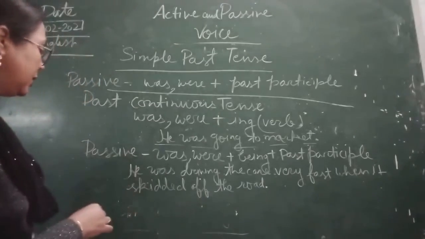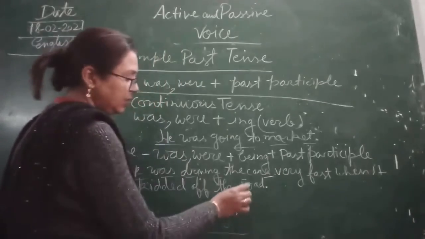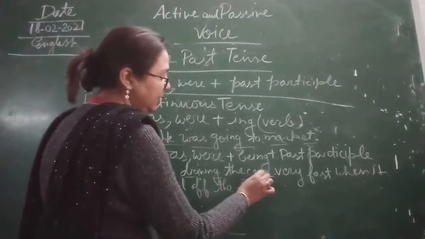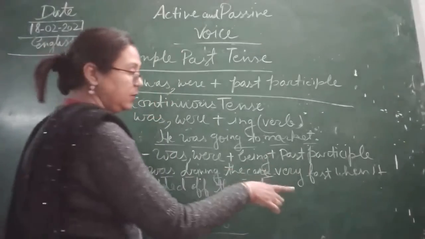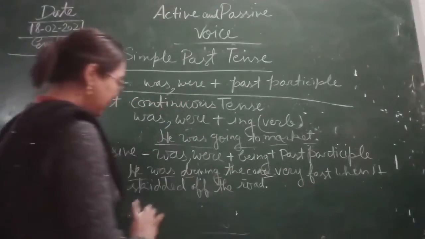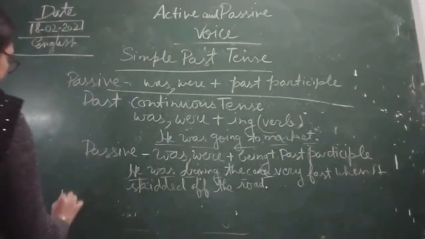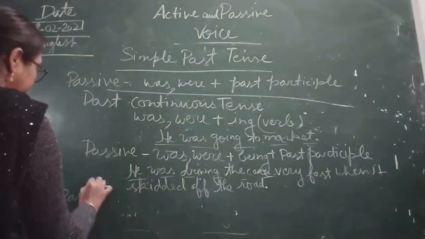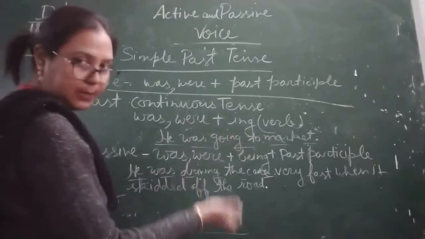So here children, you can see, he was driving the car. What was he doing? He was driving the car very fast. An adverb is also used here. When it skidded off the road. Now here we will use the same rule of passive voice: was, were plus being plus past participle.